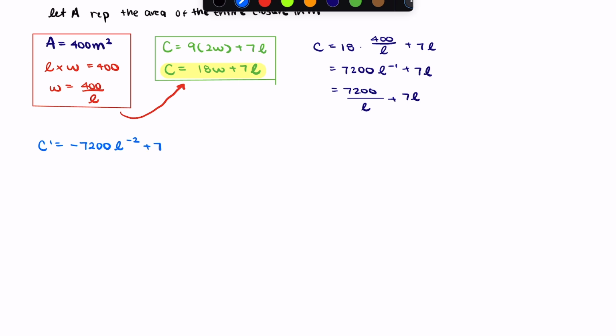We're going to make this equal to 0. So 0 is equal to negative 7,200 over L squared plus 7. Move the 7 over, we get -7 is equal to negative 7,200 over L squared.